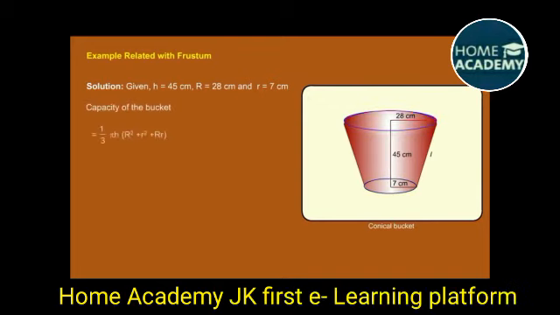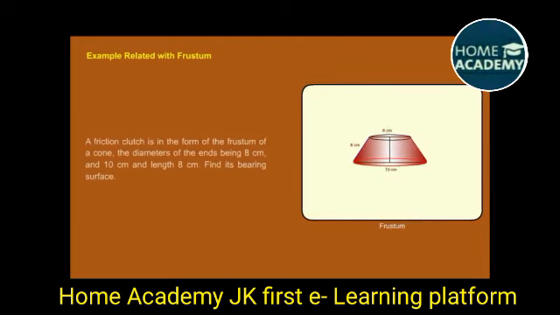Capacity of the bucket is equal to 1/3 π H (R² + r² + Rr), is equal to 1/3 × 22/7 × 45 × (28² + 7² + 28 × 7), is equal to 22/7 × 15 × (784 + 49 + 196), is equal to 22/7 × 15 × 1029, is equal to 48,510 cm³.